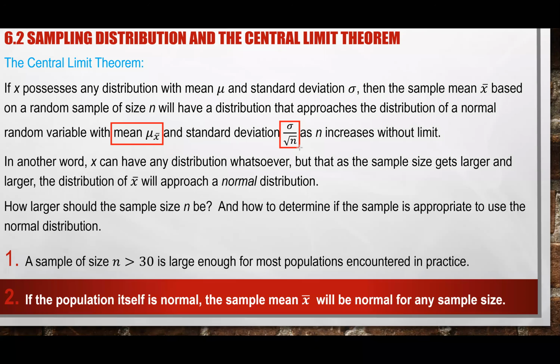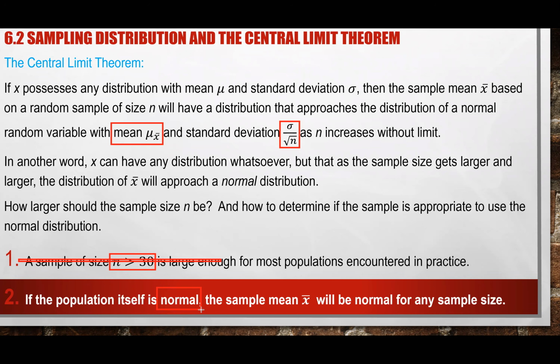Okay. The other thing is, if you cannot find an n bigger than 30, the other idea is that if your population is normal, then we can still use it. So if your n is not bigger than 30, then your population has to be normal.